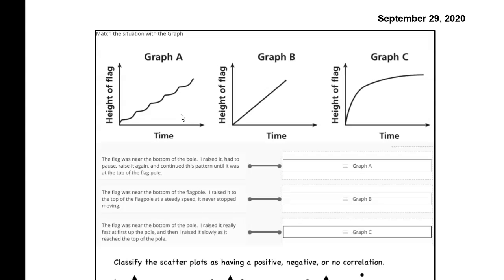So this first one is basically lifting it, getting tired, lifting again, getting tired, lifting again. So you're pausing and taking breaks. B, a straight line, means that you're raising the rope hand over hand, doing it continually at the same speed. C, this is like raising it super fast, and then you ran out of juice, and then you've got to raise it really slow for the rest of the way because you're too tired.